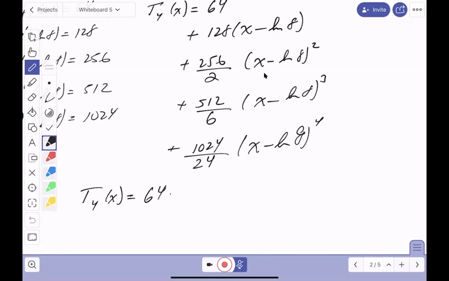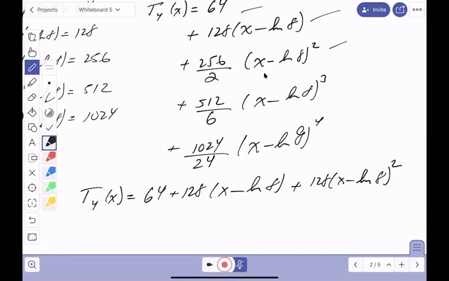And then we'll look at our key. Let's see, 128. Again, I'm just doing term by term now. That's all I'm doing. And that's going to give me what? Plus, let's see, 256 thirds, right?